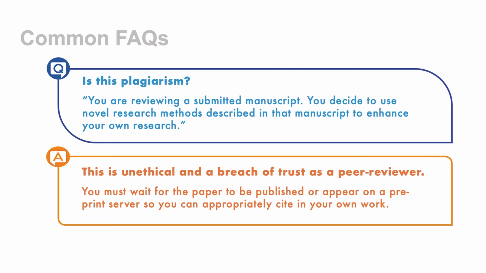If you get an article to review for a journal and you see something interesting in there that you'd like to cite, you've got to wait for the paper to be published or appear on a preprint server with a digital object identifier, a DOI, so that you can appropriately cite that publication in your own work.